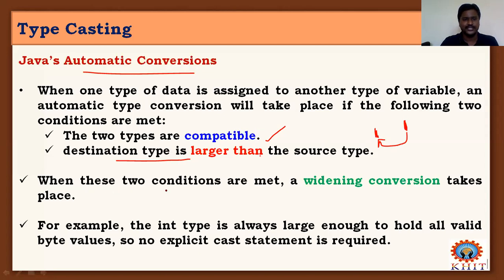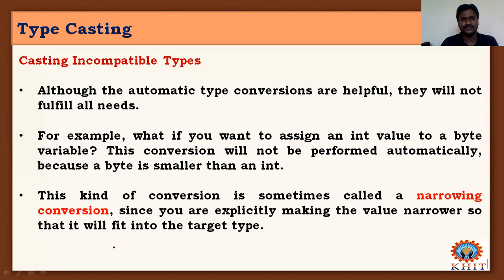When these two conditions are met, a widening conversion takes place. Widening conversion is nothing but automatic conversion. For example, the int type is always large enough to hold all valid byte values, so all byte values can automatically fit into an int type. That is widening conversion.